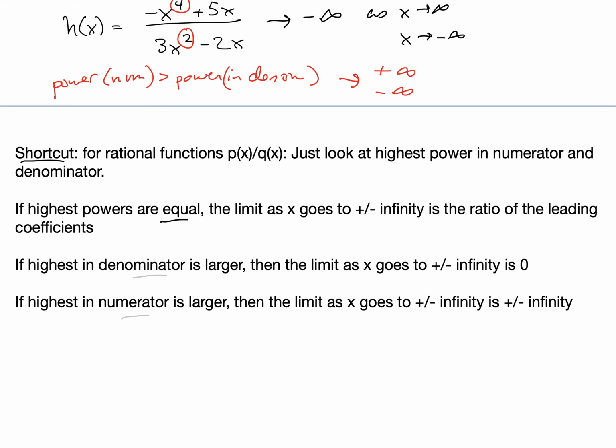If the highest power in the denominator is larger, then the limit as x goes to positive or negative infinity of f of x is 0. And if the highest power in the numerator is larger, the top is going faster to positive or negative infinity, then the limit as x goes to plus or minus infinity of the function is going to be plus or minus infinity.